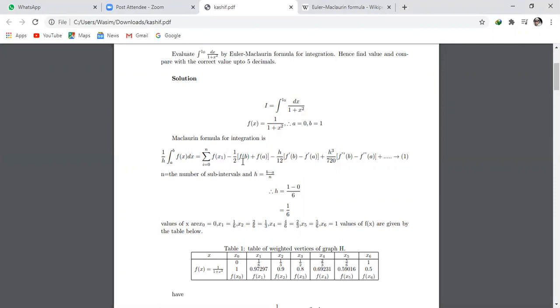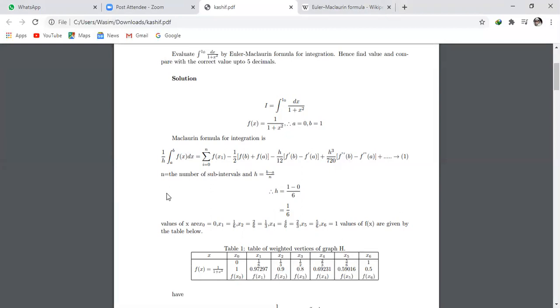First we take without the derivative, and the second term is with a minus sign and takes the first derivative of f of b minus f of a. The third term is h cube over 720 and includes the third derivative term, and so on. Here h is equal to b minus a divided by n, where n is the number of sub intervals, and b and a are the upper and lower limit points.